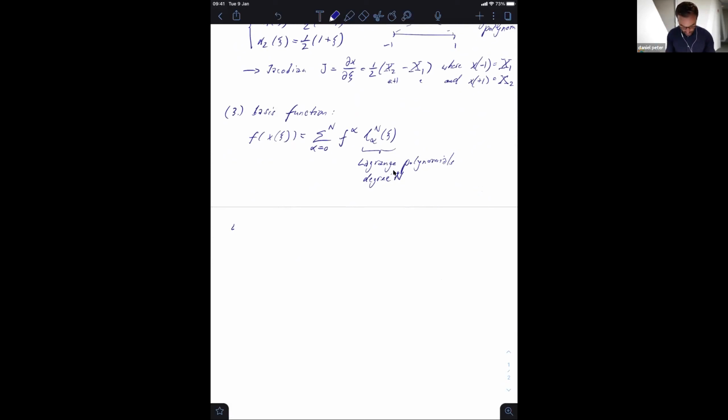What would be the fourth step? Is it mass matrix? Right. So in principle, we want to compute the mass matrix form.